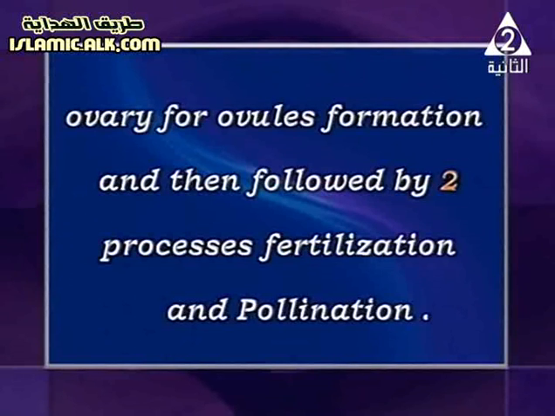This is followed by two processes: pollination and fertilization. Pollination is carrying the pollen grains from the male reproductive organ, the androecium, to the female reproductive organ. It may be in the same flower, or in two different flowers of the same type.